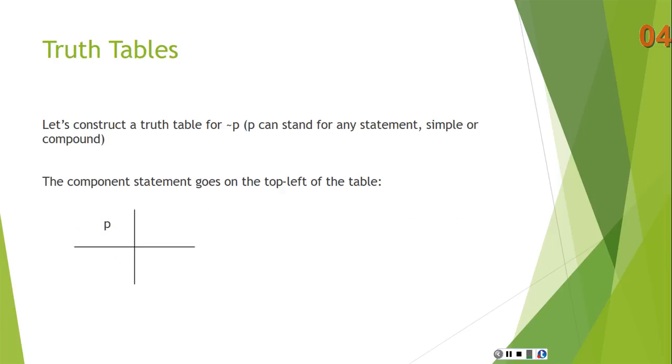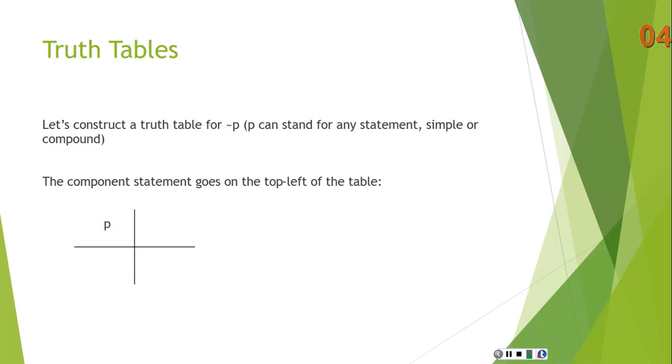So let's construct a truth table for the compound statement, not P. Remember, P is a statement variable, and it can stand for any statement, simple or complex. The component statement of the compound statement goes on the top left of the table.